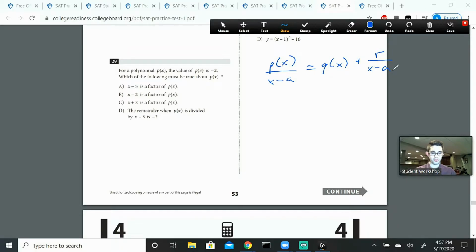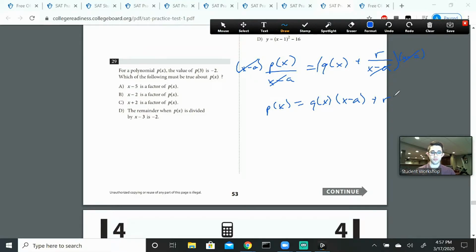Now what we can do here is multiply both sides by x minus a. And that's going to cancel on this side, so we get P of x. And then we distribute the x minus a into the q of x and the remainder fraction. So we get q of x times x minus a, and those cancel, plus r.